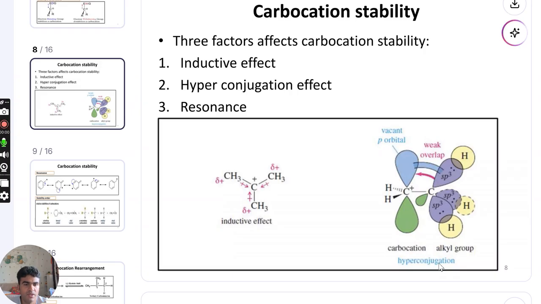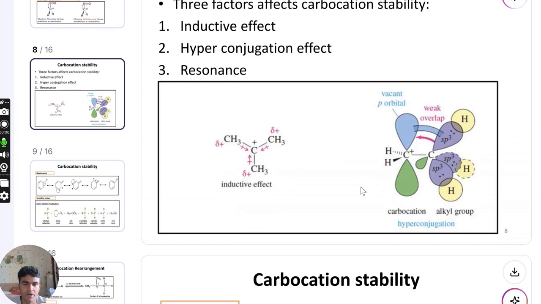Now the hyperconjugation effect is the slight overlap of the C-H bond, that is the sp3-s bond, with the perpendicular p orbital. This is actually a very weak effect, but 3 methyl groups will have 9 hyperconjugative structures, so that will stabilize the carbocation to some extent.